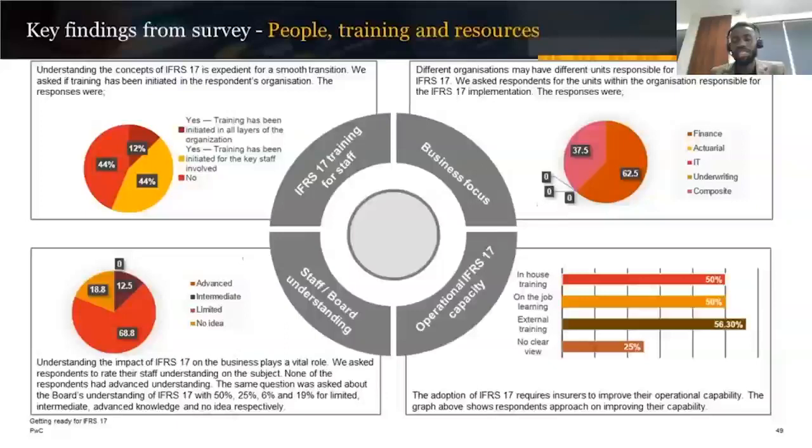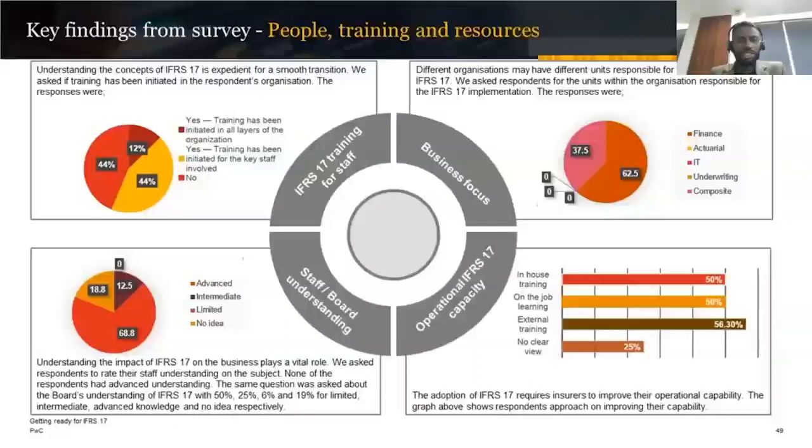Another 50% also said they're trying to learn as they go in the implementation process. The biggest cohort is external training, with about 56% of respondents relying on it to build capacity, and 25% of respondents said they have no view yet on how they intend to build that capacity.